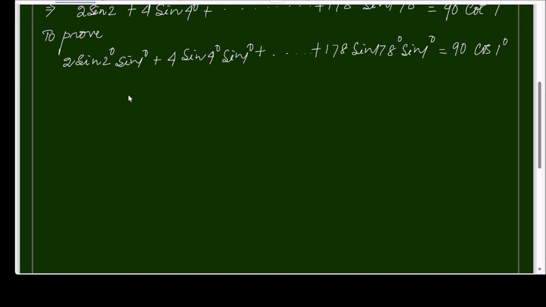So next, the critical thinking. Here I'll apply a formula because I am taking the nth term. Suppose this is the kth term, that will be 2 times sine 2k into sine 1. If I apply the formula 2 sine A sine B, this is nothing but cos (2k minus 1) minus cos (2k plus 1).